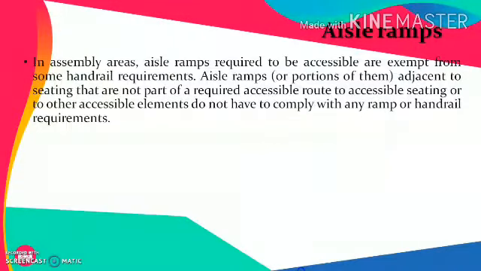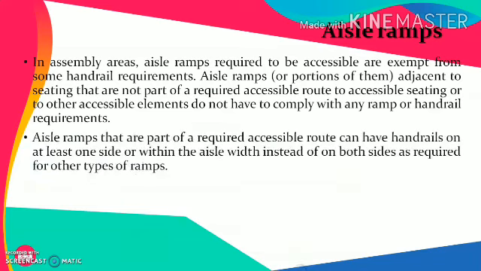Next is the assembly area ramp. These are ramps provided in larger areas like assembly halls or theaters. These are required to be accessible, but are exempt from some handrail requirements. Ramps adjacent to seating that are not part of a required accessible route to accessible seating or to other accessible elements do not have to comply with any ramp or handrail requirement.